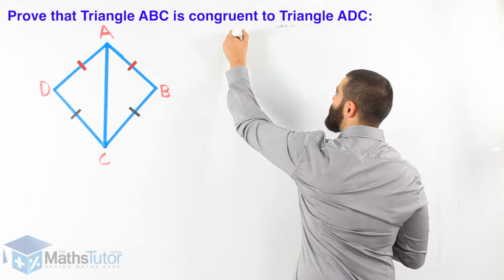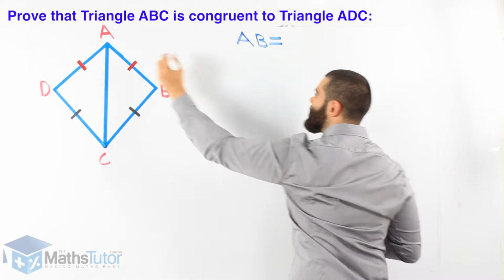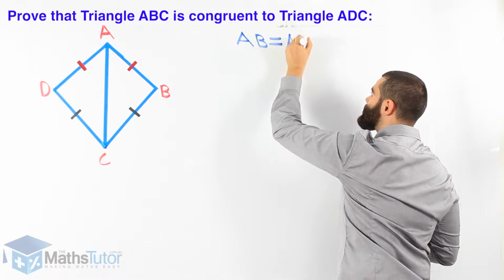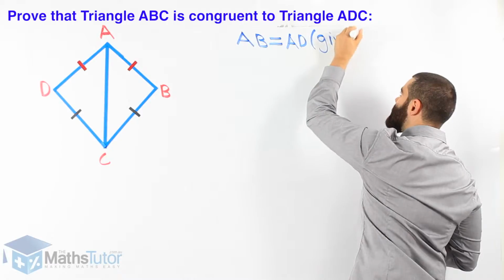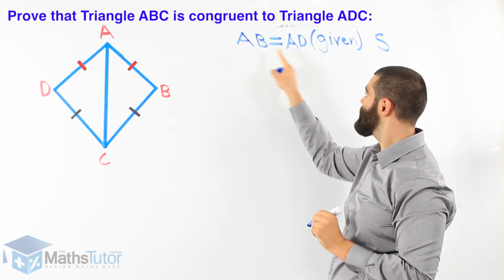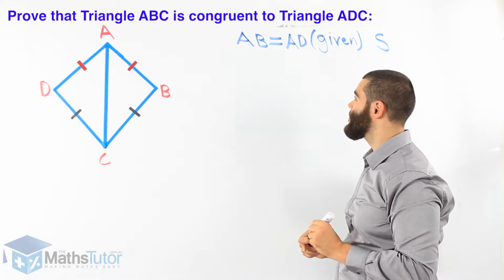We can write AB is equal to AD. That is given information, and we write S for side so we can remember. AB equals AD. It's given information.